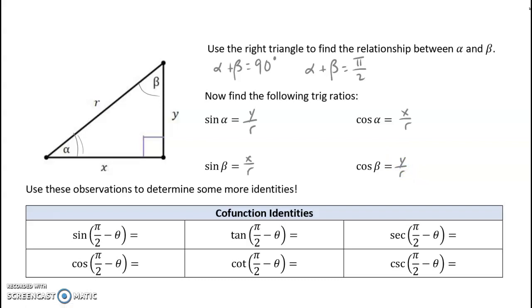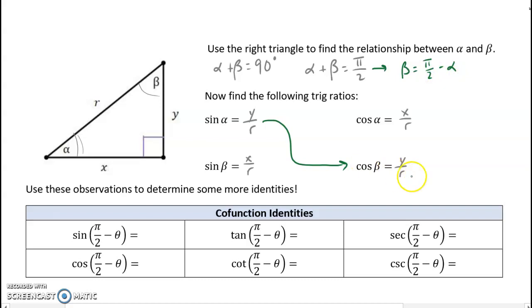Yeah, so we've got this thing going on where sine of alpha is the same thing as the cosine of beta. You probably saw this at one point in geometry. It's fairly obvious once you look at it. But if we think about this, think about what beta equals. Beta equals pi over 2 minus alpha.